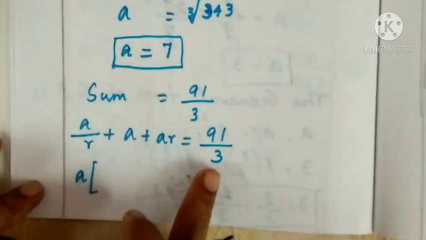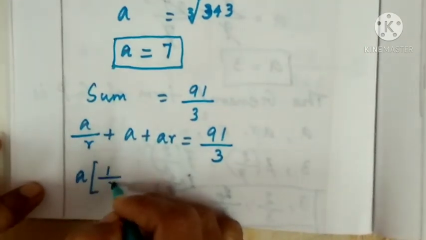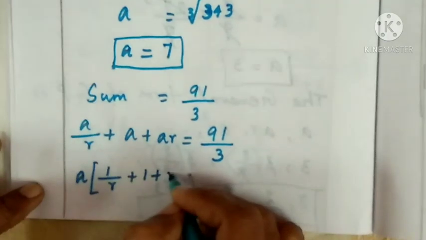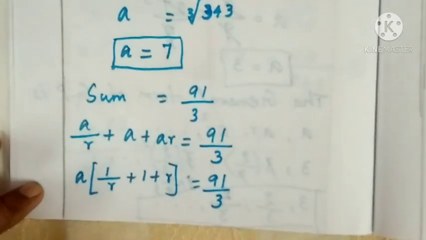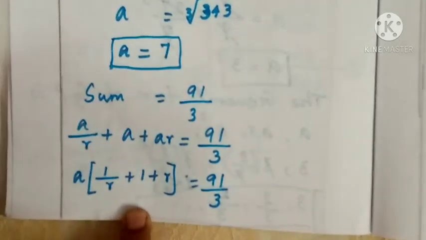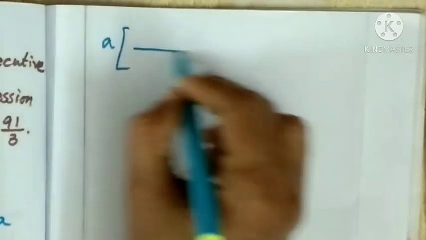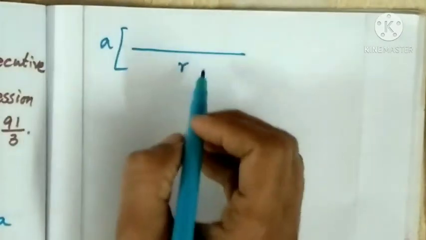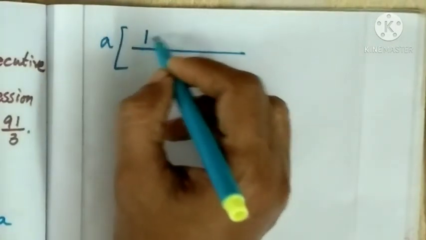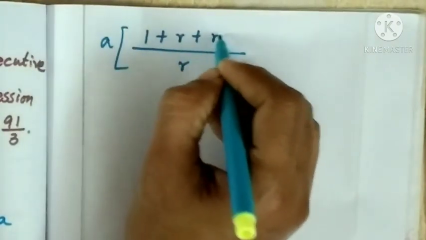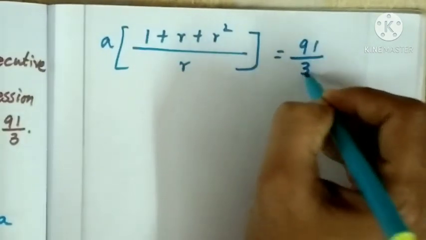Here a is common, so you take out a, and we get a into 1 by r plus 1 plus r is equal to 91 by 3. Now you have to take LCM, here LCM is r, then a into 1 plus r squared by r is equal to 91 by 3.